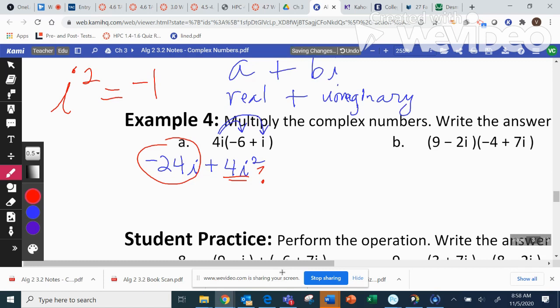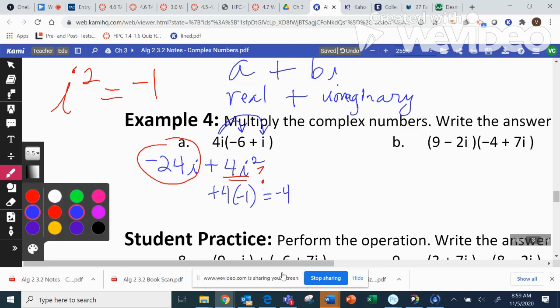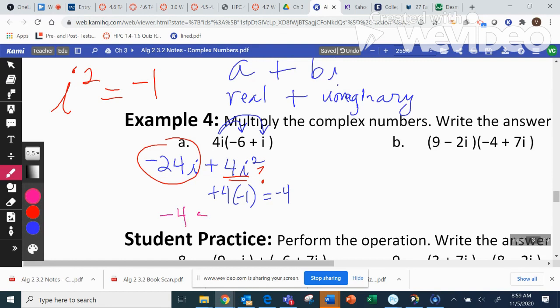So when I have 4i squared, what I really have here is plus 4 times -1, which is -4. So my answer for this question is my real number is -4, and then plus my imaginary number, -24i. So we have our real component, -4, and our imaginary part, -24i.